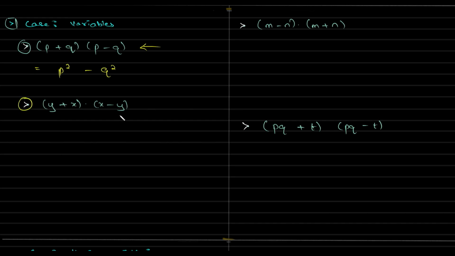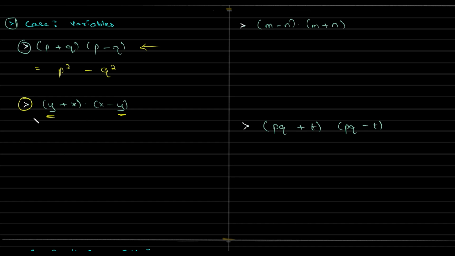In this, if you change the pattern, (y plus x) into (x minus y), I just change the pattern. Can you observe that? Observe, y is over here and y is over there. So will this give me the same formula? Think, because not everything I write will be true, you know.